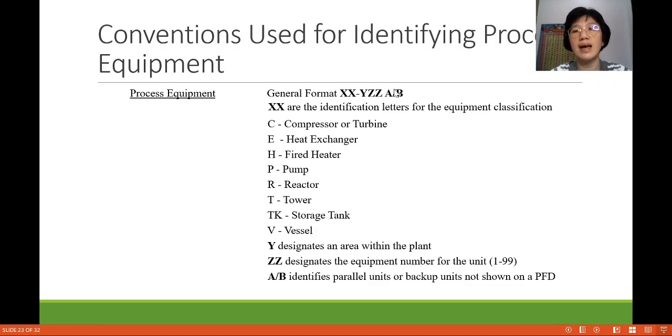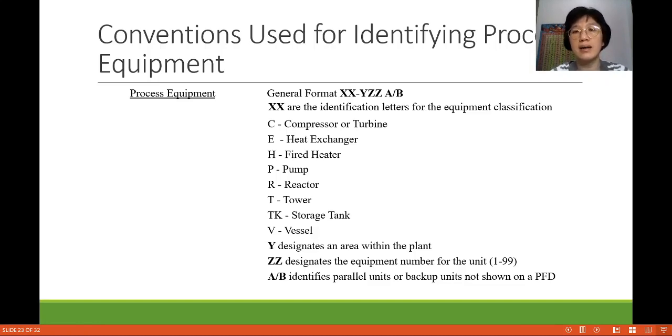Okay. A/B means the unit operation in the plant has a spare unit. For example, we have a pump, say P-101 A/B, then we have to know that that particular pump has a spare unit in the plant.